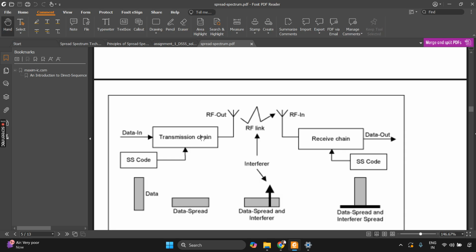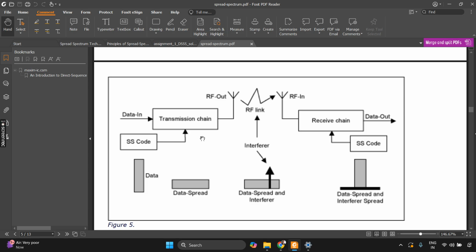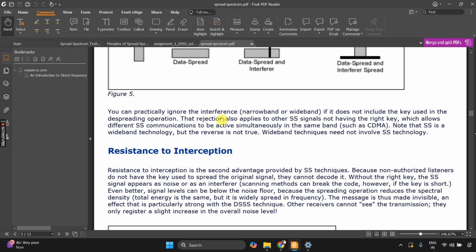It cannot decode random messages. Only if the message is dot producted, multiplied with the corresponding code, only then can we reliably say that we have decoded. Else, if there is some random signal, we can simply reject that. So you can practically ignore the interference as it does not include the key used in spreading the information.